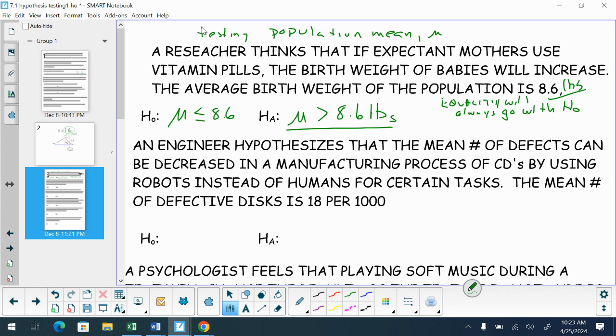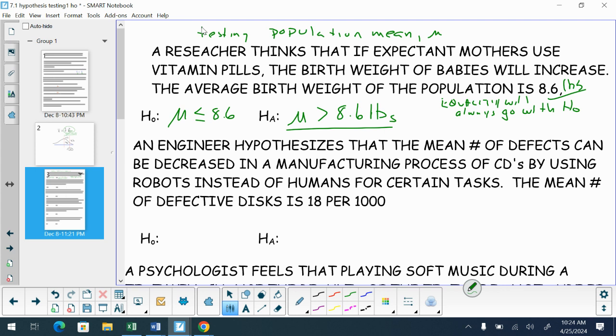Number 2. An engineer hypothesizes that the mean number of defects can be decreased in the manufacturing process of compact disc CDs, that's how old the problem is, by using robots instead of humans for a certain task. The mean defective disc is 18 per 1,000. We start with the alternate hypothesis.